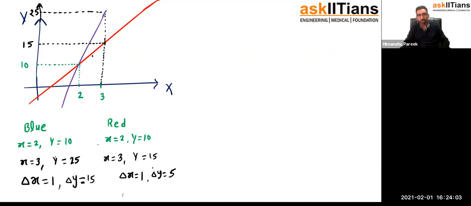For the blue color line, when the X value changes by 1 unit, the Y value changes by 15 units. For the red color line, the X value changes by 1, hence the Y value will be changing by 5 only.